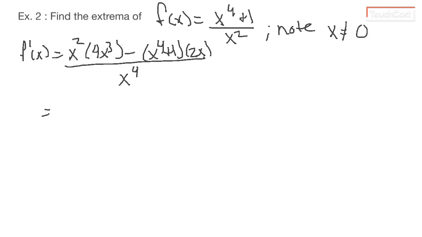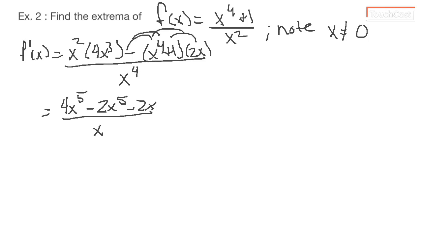X squared times 4x cubed is 4x to the fifth. We're going to distribute this minus sign as well as the 2x. So we're going to have minus 2x to the fifth minus 2x over x to the fourth, which can clean up more to 2x to the fifth minus 2x over x to the fourth.